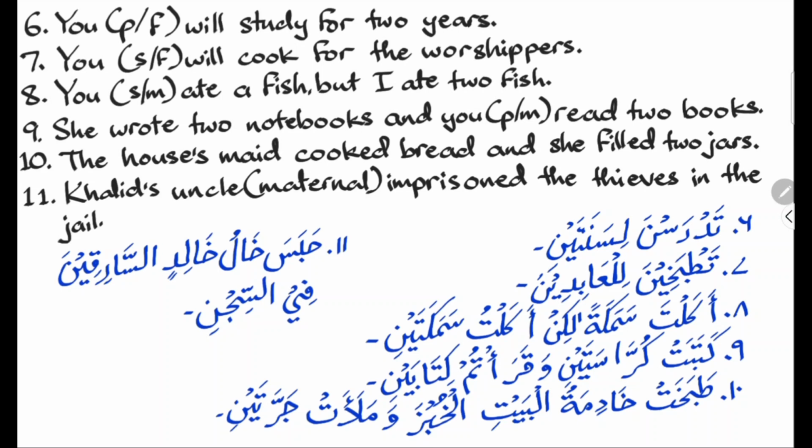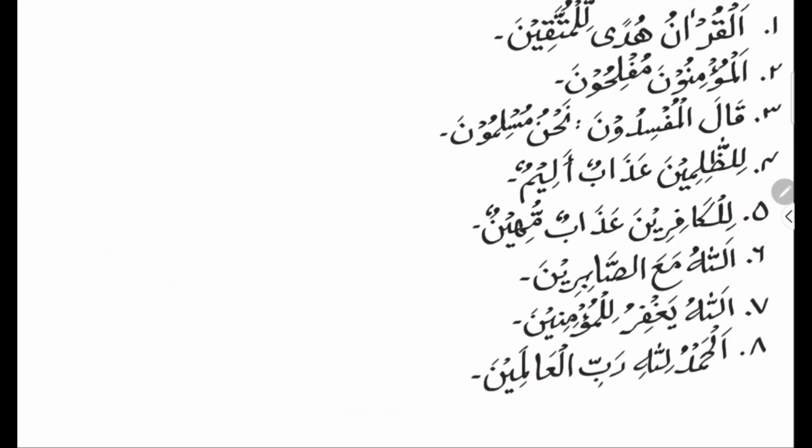Now let's translate some Arabic sentences into English. Number 1 is Al-Qur'anu hudan lil-muttaqeen. Al-Qur'an is the mubtada, the subject. The Qur'an is hudan, guidance, lil-muttaqeen, for.